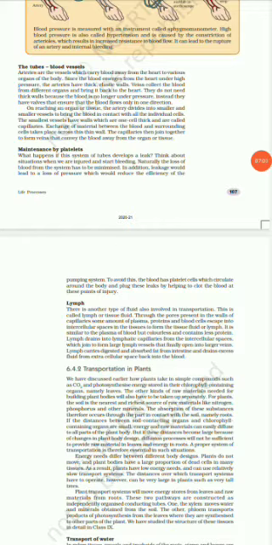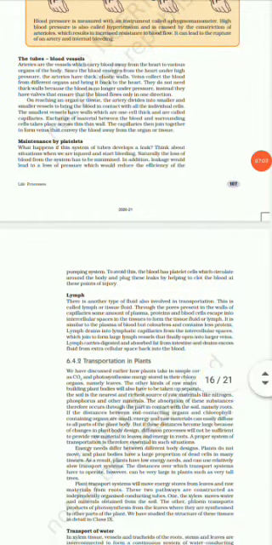This lymph drains into the lymphatic capillaries, which are separate from the blood capillaries. They join to form large lymph vessels that finally open into the large veins. Lymph carries digested and absorbed fat from the intestine and drains excess fluid from the extracellular space back into the blood. So that is the function of lymph.